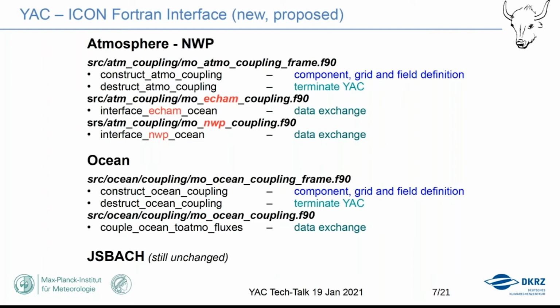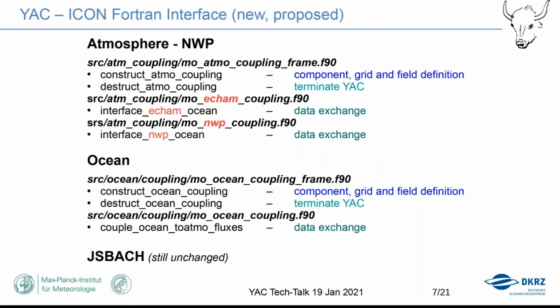So coupling to the NWP physics is appearing at the horizon, and there we propose a slightly new structure and rearrangement of routines that is not yet settled, so still under investigation and has to be confirmed, but be aware that things might change a little bit.